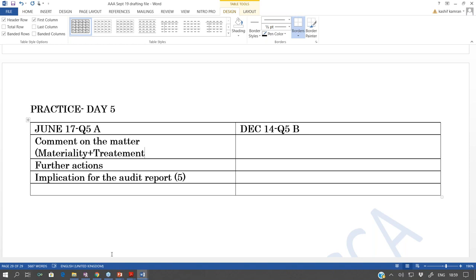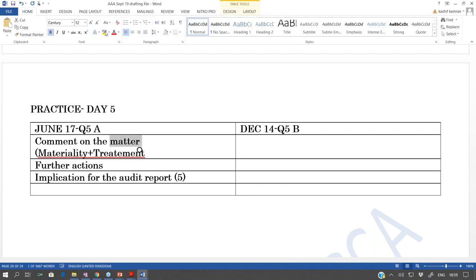Comment on the materiality, comment on the treatment too, and then comment upon the impact. We will not comment on the impact because impact is coming separately. Can you see impact is given separately for 5 marks? So will I just comment on the materiality and the treatment? Right? 2. How many marks will I get for comment on the matters then? 2 marks. And then how many actions should I be writing?